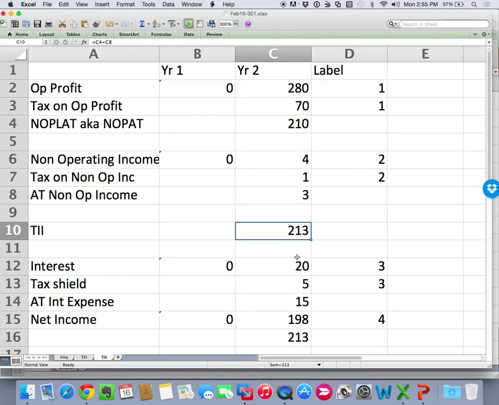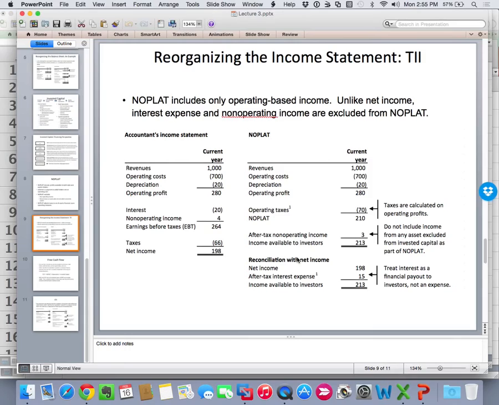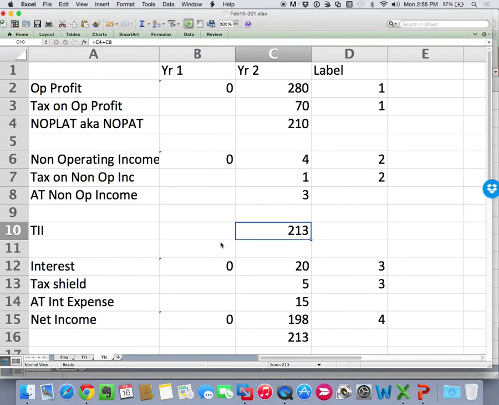Now let me come back to my taxes. How much tax did the company originally pay? What was the number? 66. So we got to make sure we still paid 66 in taxes when we split it up. So on operating activities, how much taxes did we pay? 70. On non-operating activities, how much taxes did we pay? 1.